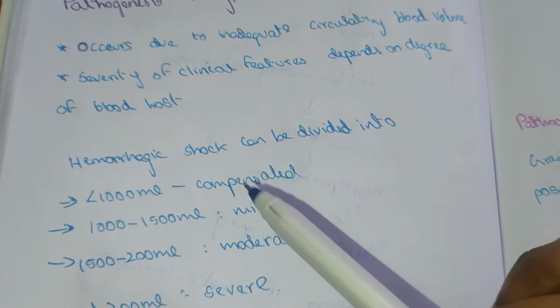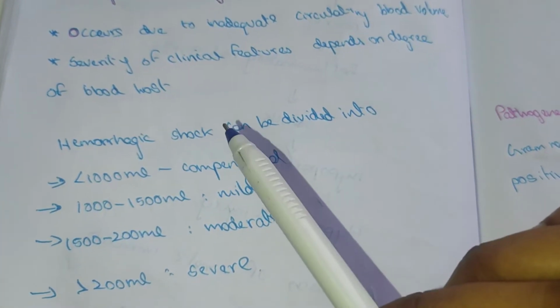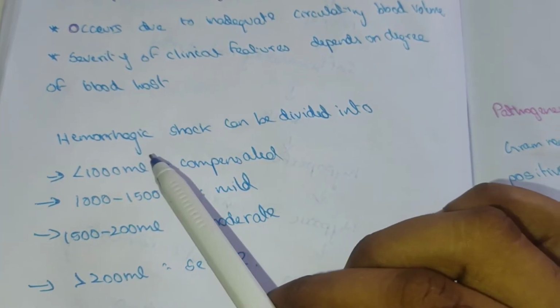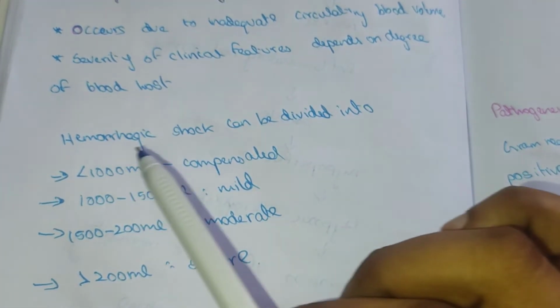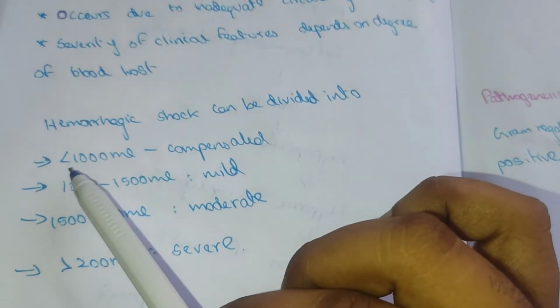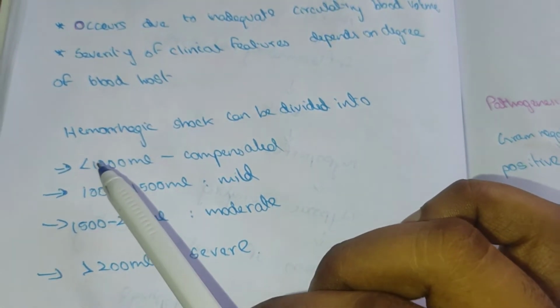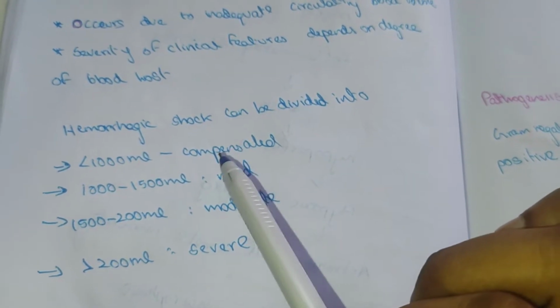Hemorrhagic shock is hypovolemic shock. The other name is hemorrhagic shock, as I have already said in the previous video. This hemorrhagic shock can also be divided: when the blood lost is less than 1000 ml, it is compensated.